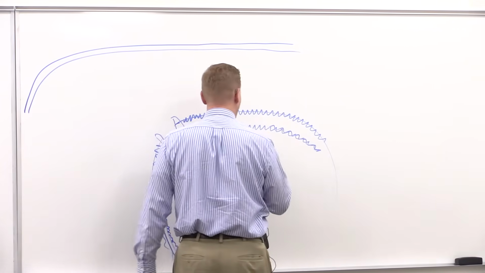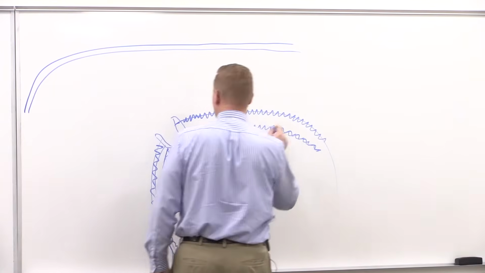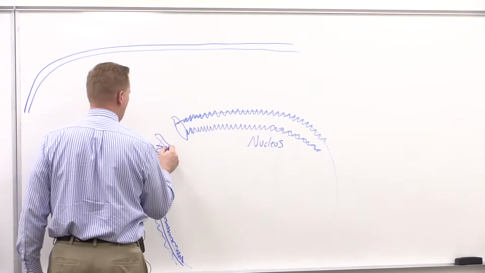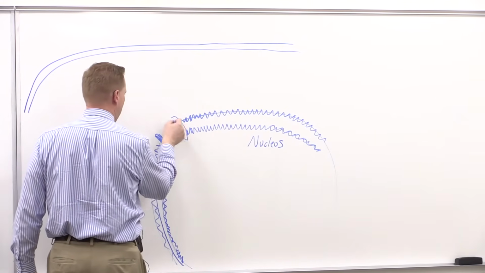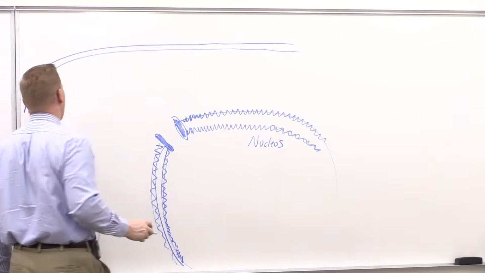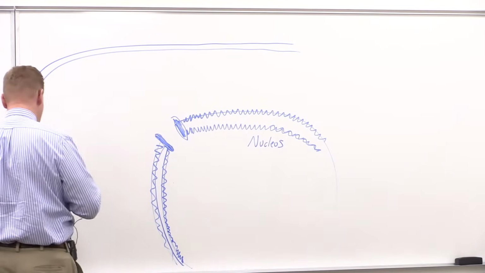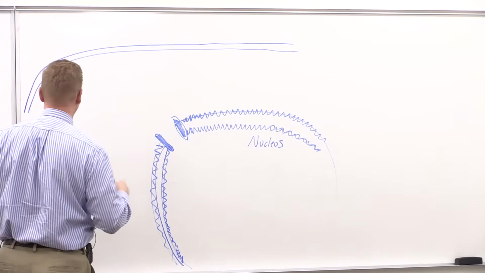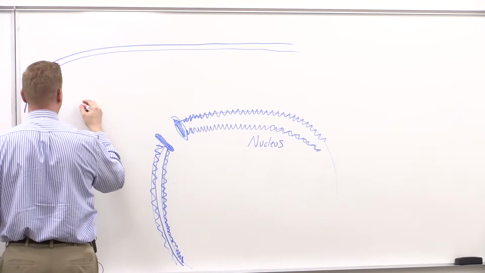Okay, so here is my nucleus. That's the nuclear envelope, and I've got a nuclear pore right here in the middle. Now, in this case, I'm still going to have some kind of receptor.